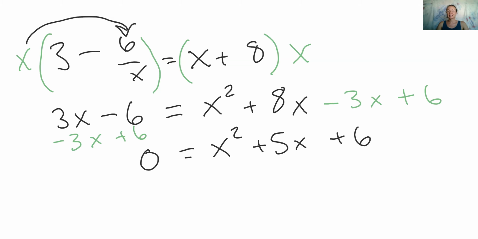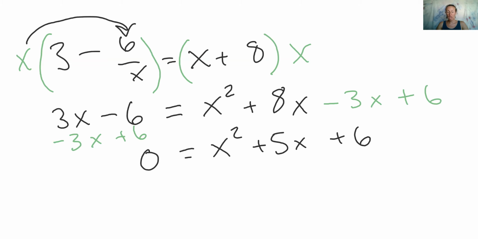So we decided to set this equation to 0 because we saw that we had a quadratic, and so we need to solve it using quadratic methods, which are most often factoring. Sometimes you can do completing the square, or you can do the quadratic formula. There's a handful of quadratic solving methods, but factoring is usually the one you want to try first.